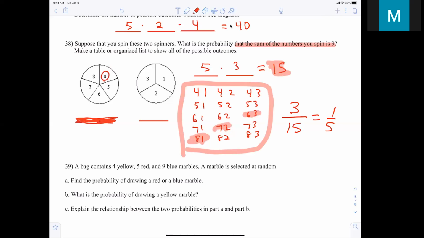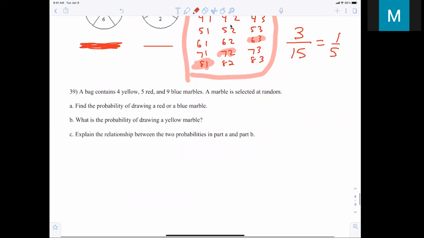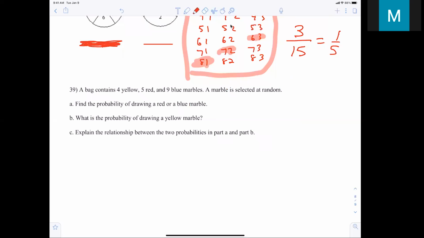All right, 39, Tyler. A bag contains 4 yellow, 5 red, and 9 blue marbles. Find the probability of drawing a red or blue marble. Red and blue add up to 14 out of 18, so 7 over 9. Beautiful.